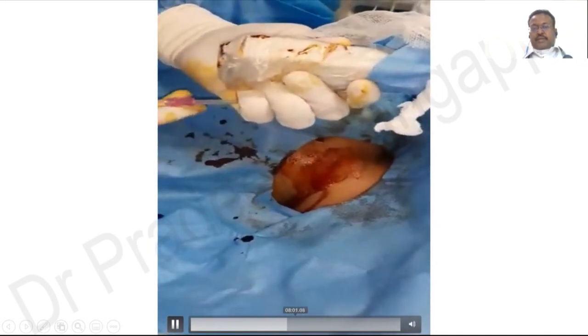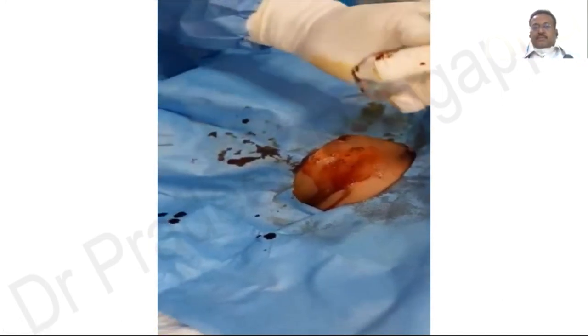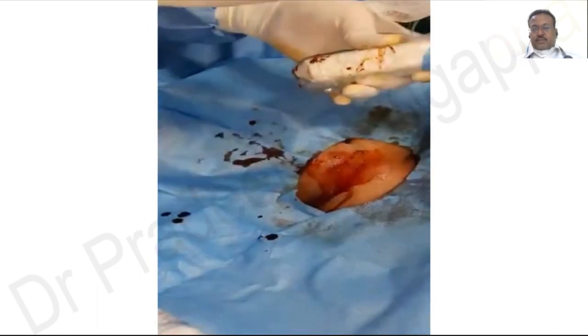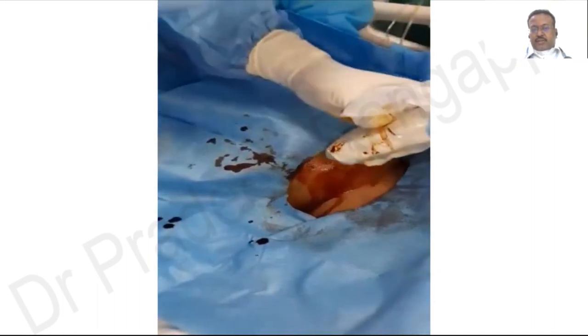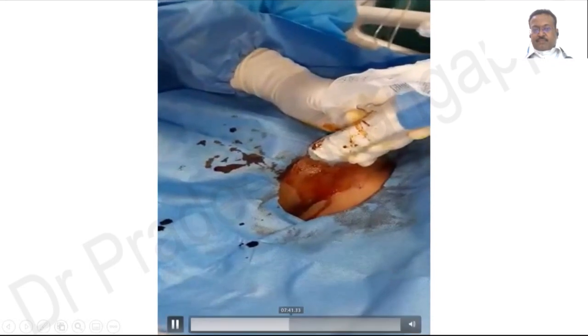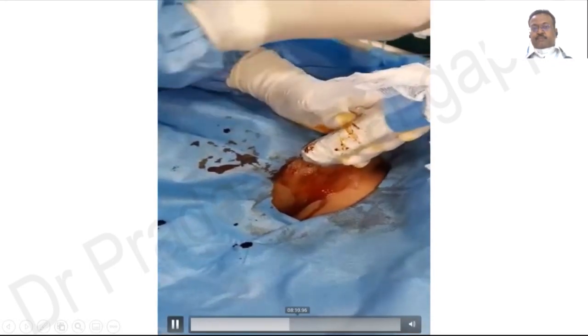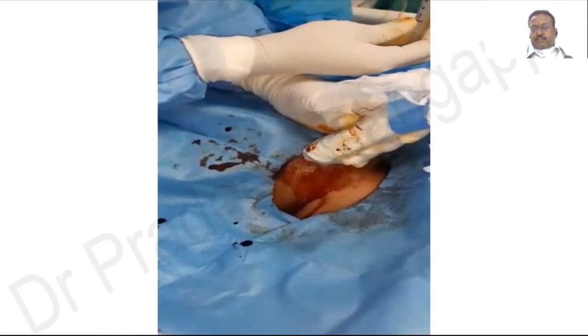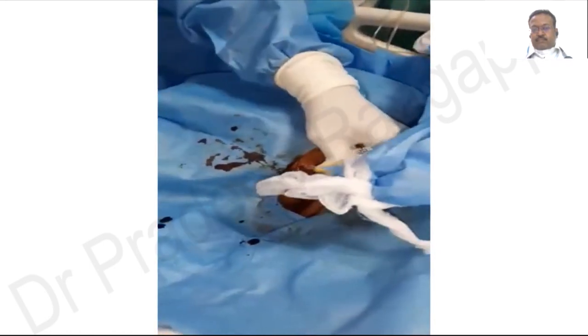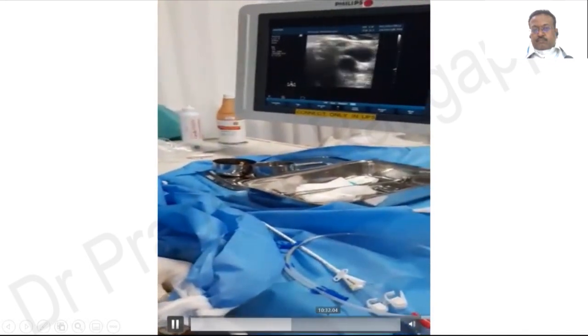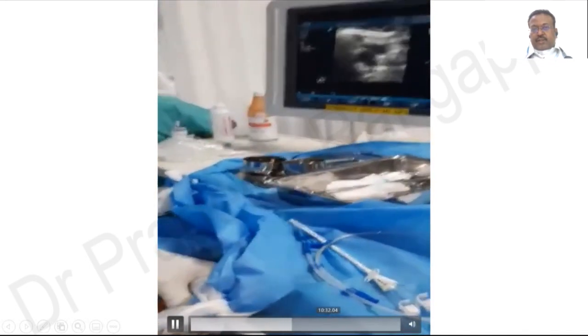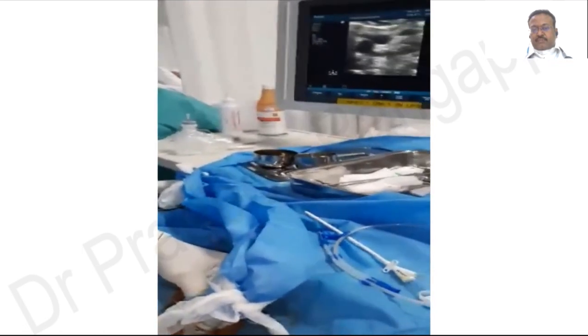Okay, so he has taken the needle, the dialysis catheter needle. So now you'll see him doing a puncture under the ultrasound guidance. So you can see there's a nice vein and there's an artery very close to it.